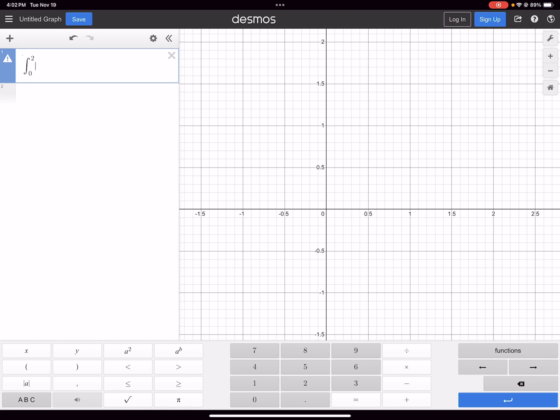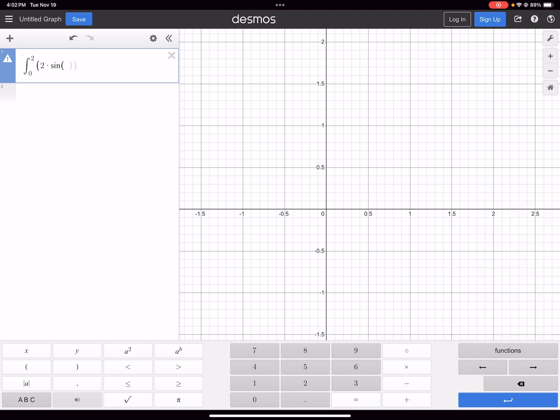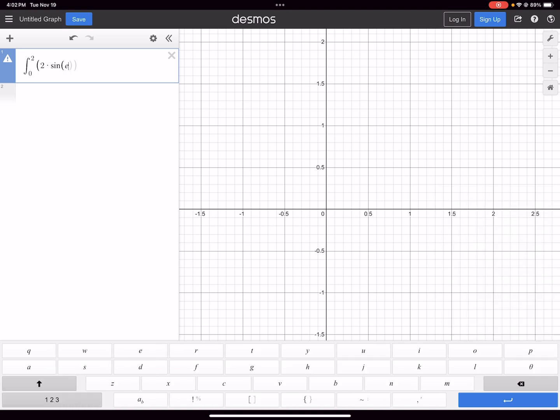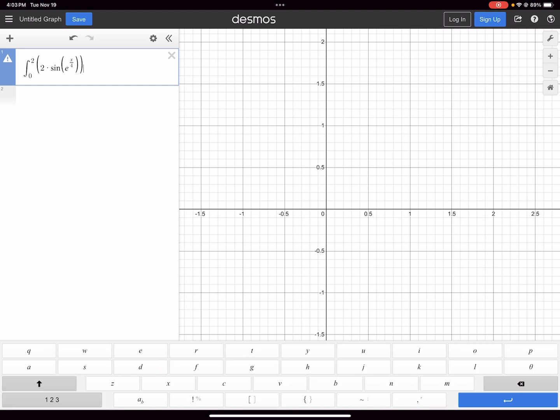2 times, I should put this in parentheses, 2 times sine of e to the x. We'll use x instead of t, and then you want dx.